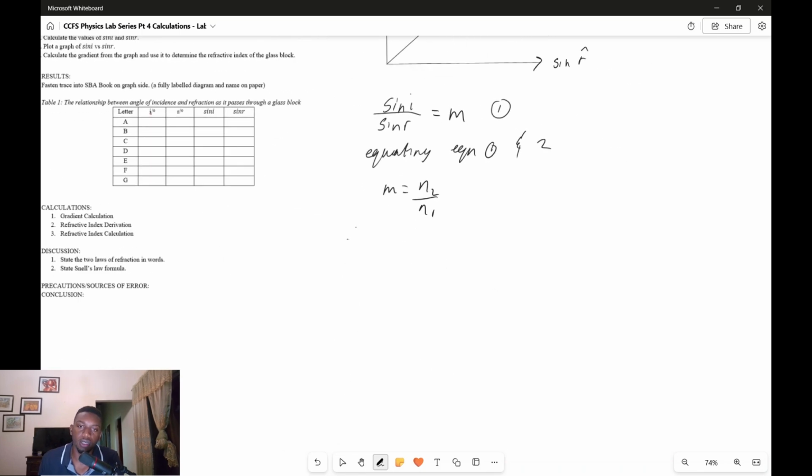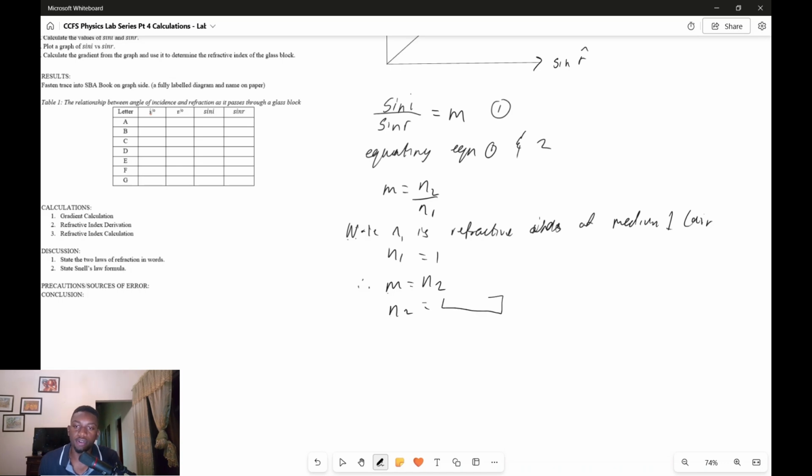Then we will say n1 is the refractive index of medium 1, in brackets here, n1 equals 1. Therefore, m equals n2. n2 equals whatever you find that to be, right? Equals your gradient, whatever your gradient is.